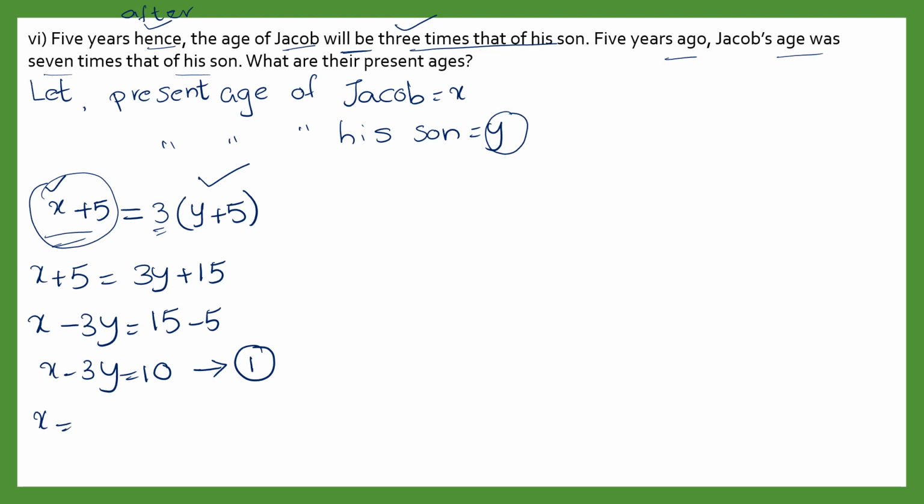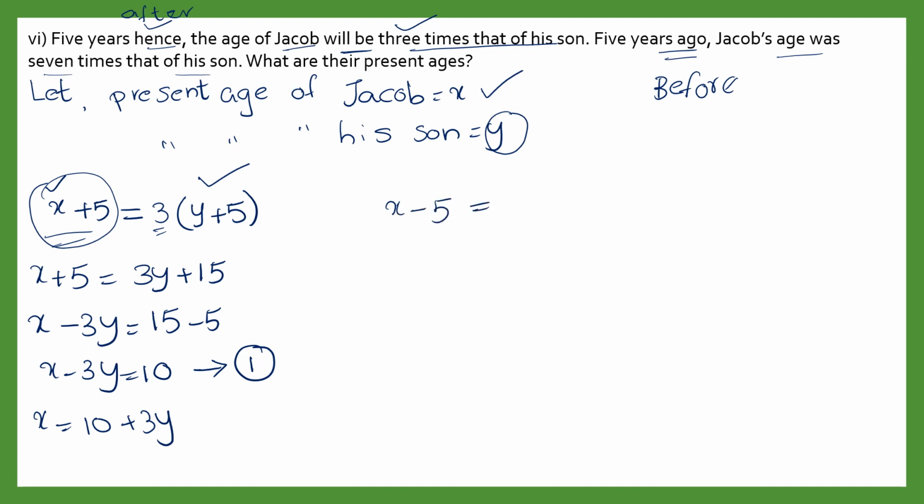You are able to form the first equation. From this the value of x will be 10 plus 3y. If you see the second part of the question, 5 years ago. Ago means before 5 years. So the present age of Jacob is x. So 5 years ago his age will be x minus 5.